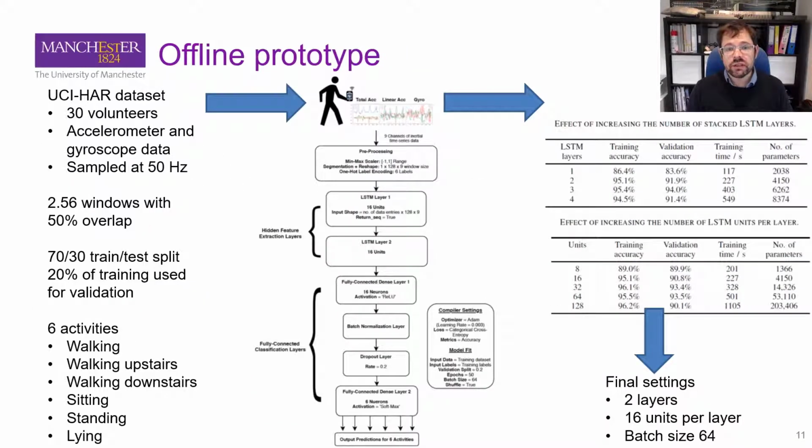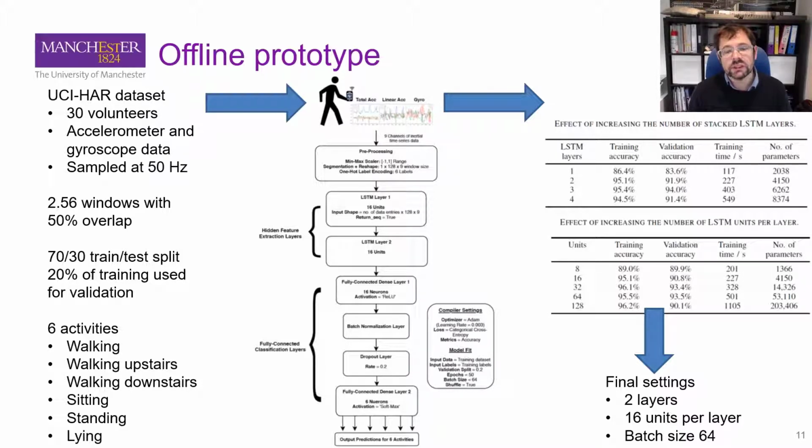In this work, we made a network for human activity recognition using accelerometer data and gyroscope data as the input. That's just a public data set coming from UCI. It has labels for 6 activities, things like walking, standing, going upstairs, going downstairs, and so on.